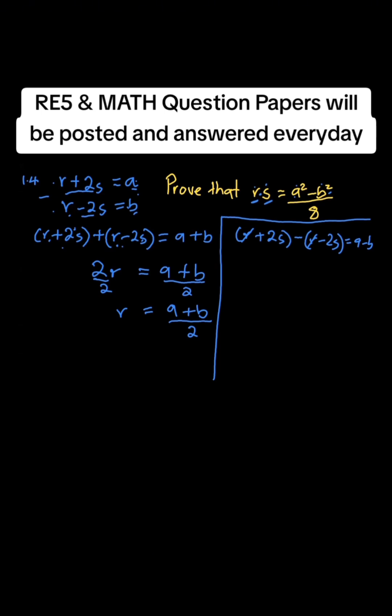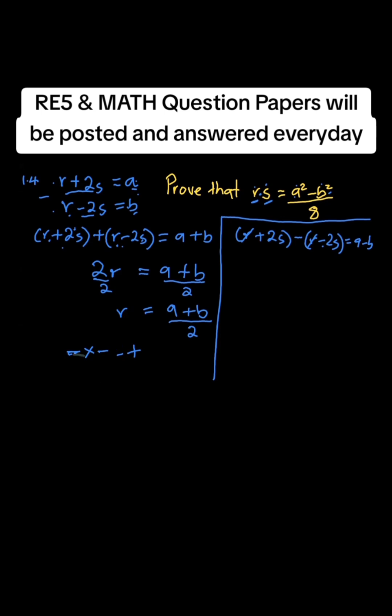You're left with 2S, so now it's going to be 2S minus negative 2S. But remember, there's a minus sign here. Remember I said that a minus times a minus will give you a positive.